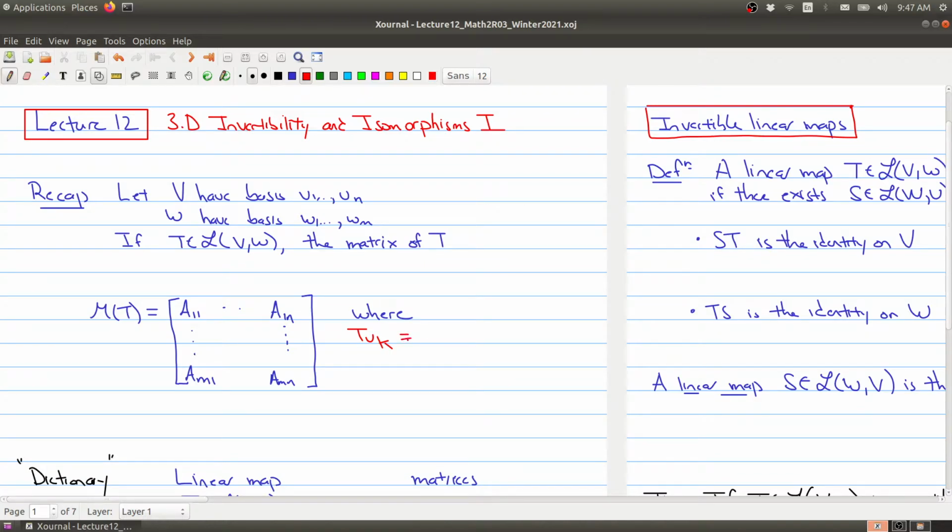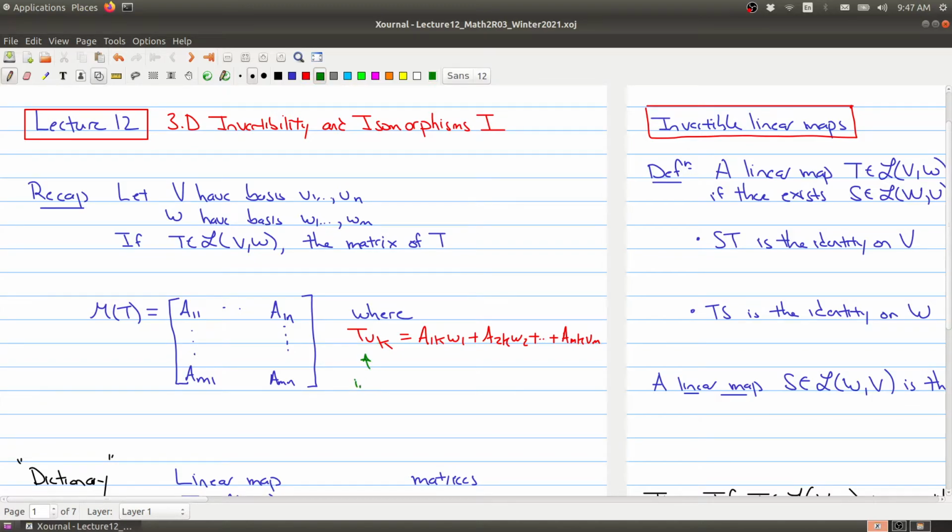The kth basis element gets sent to something in W, and we can write it in terms of the basis of W, so we can rewrite that as A1k W1 plus A2k W2 all the way up to Amk Wm.